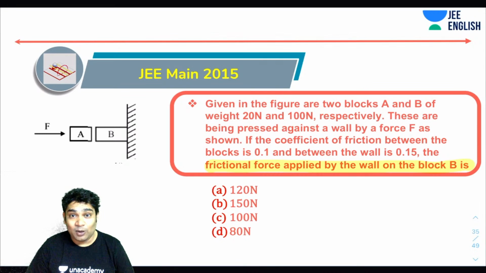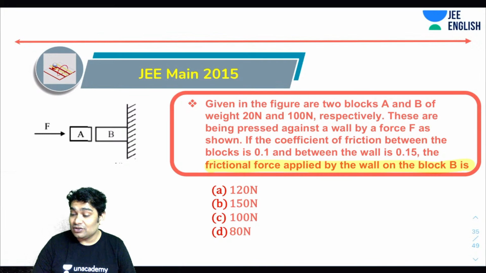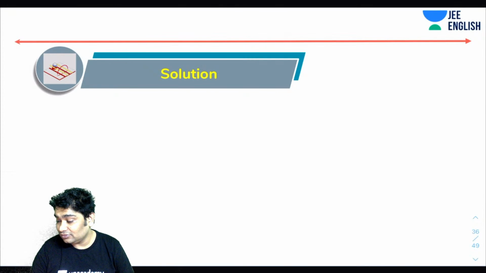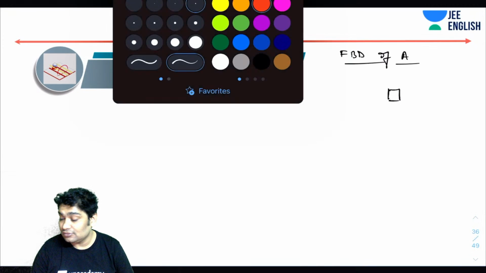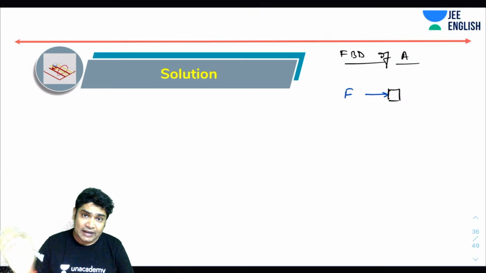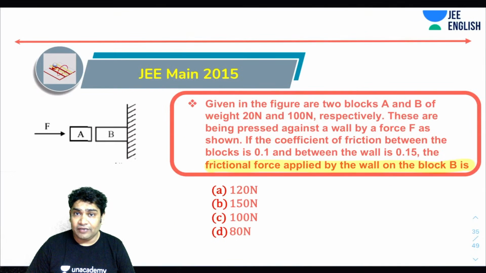Okay, so how about the FBD of A? If I draw the FBD of A, how does that look? FBD of A. So over A, you have some force F acting. The block B would be applying some normal reaction, pushing it away from itself.